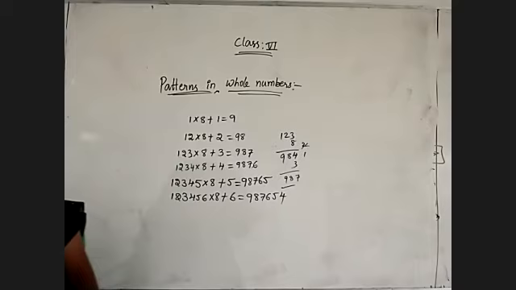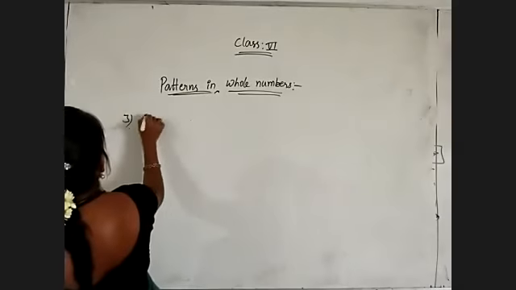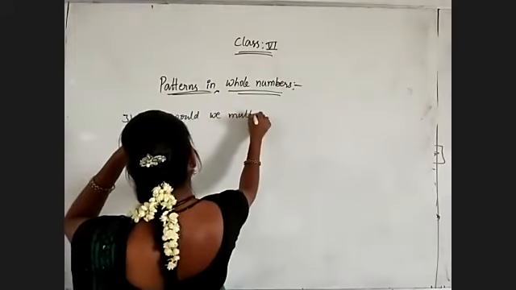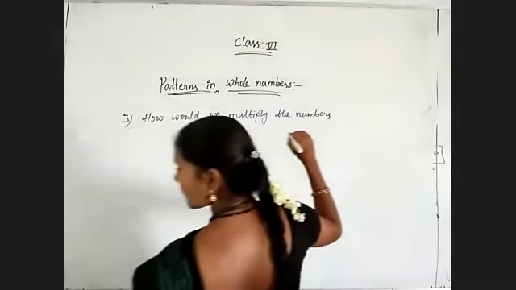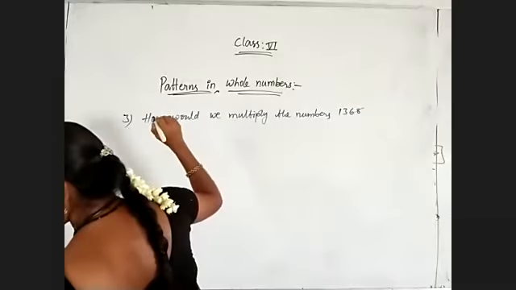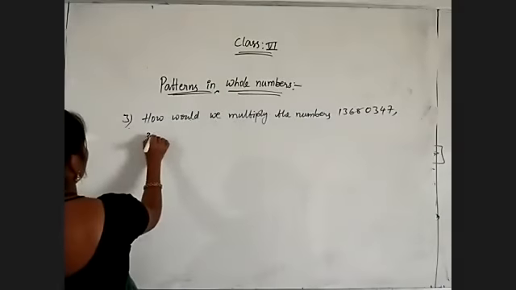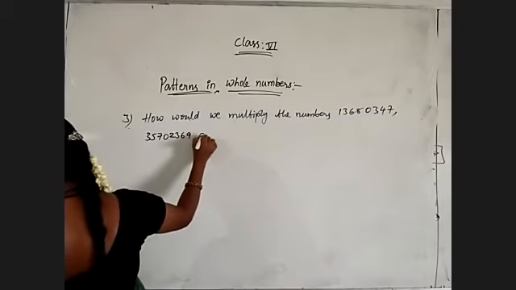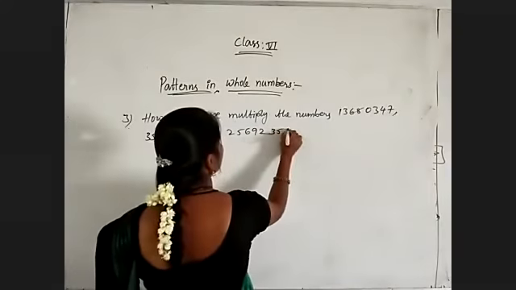Coming to one of the questions we left in that exercise, my third question is: how would we multiply the numbers 13680347, 3570, 2369 and 25692359 with 9?